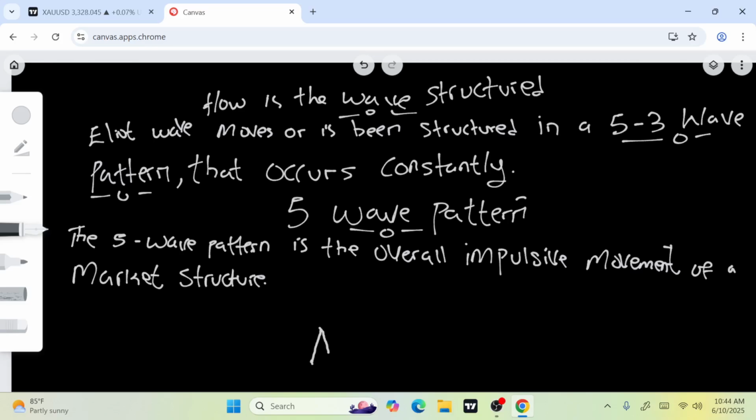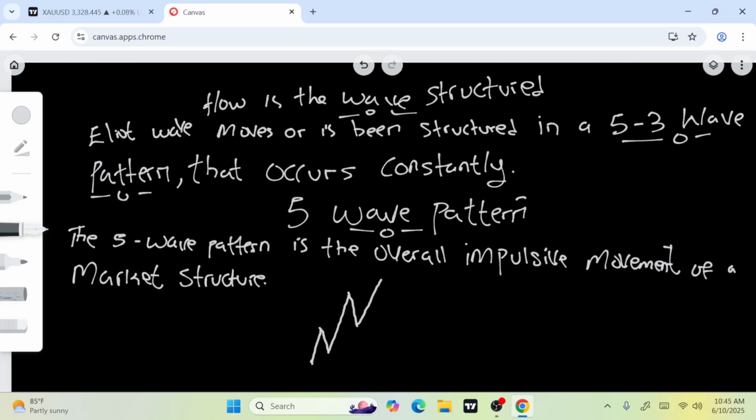Now, if wave 2 ends here, it starts the next wave to the upside, which we call wave 3. Now, when wave 3 forms and it has ended, it comes down, and you call it your wave 4. Your wave 4 must not go below the beginning of your wave 3. And when wave 4 finishes, wave 5 emerges.